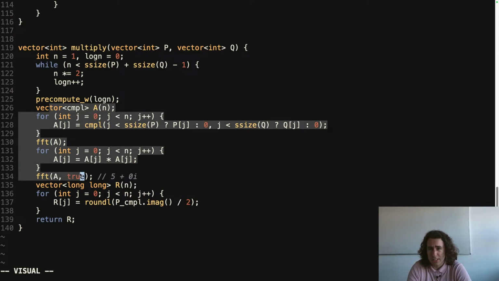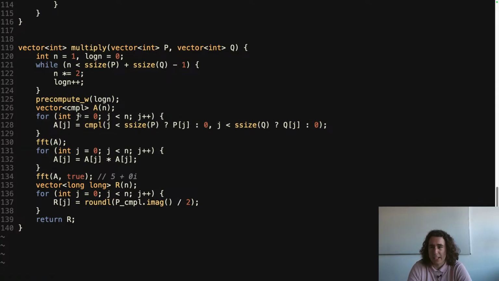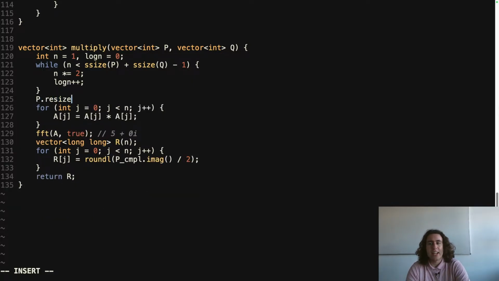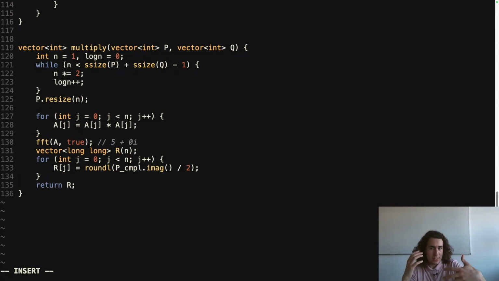Oh, okay, this is our complex multiplication. Let's bring back the real normal multiplication, right? So we're going to resize the array P to be n, because we don't need a different array that is complex, since we work with integers.